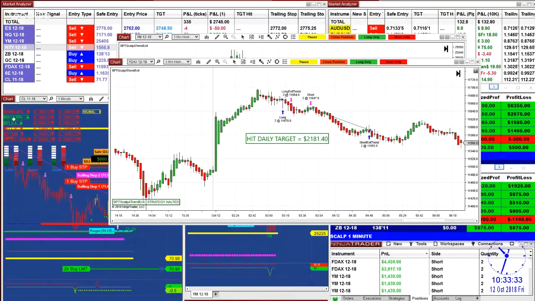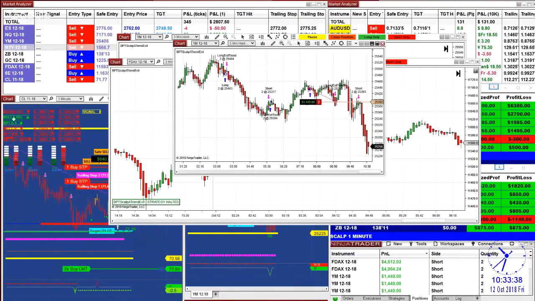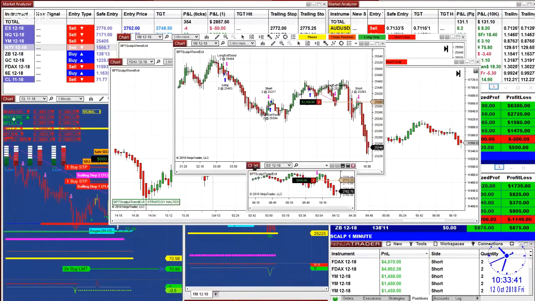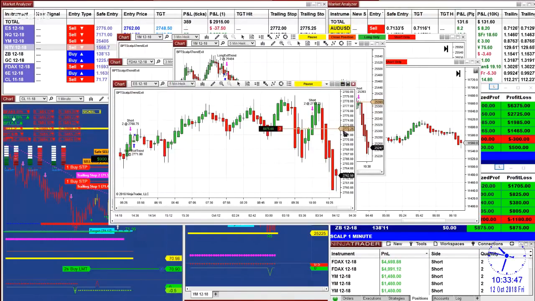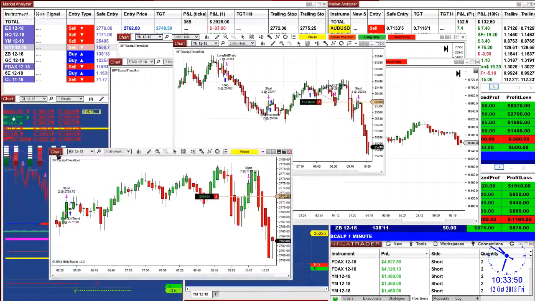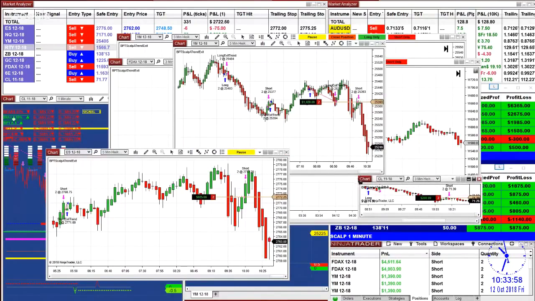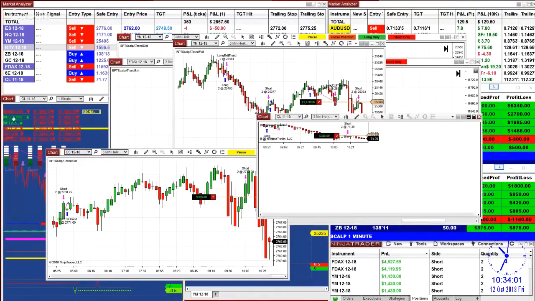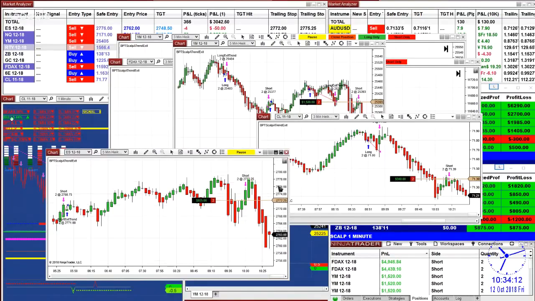And on the 5 minutes, this is the YM trade on the 5 minutes, and on the ES, this is the 5 minutes. On the Nasdaq, this is the 3 minutes, on the CL. So they are still in the trades.